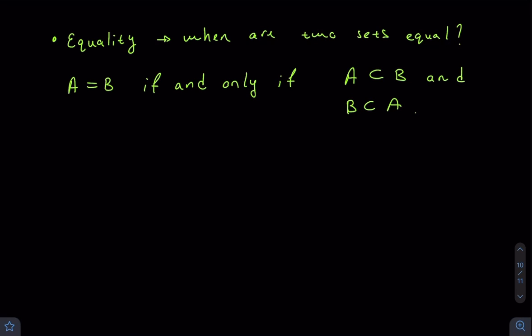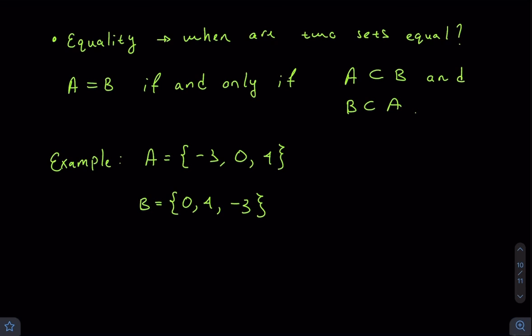So for example, if I had a set A containing -3, 0, and 4, and I had a set B containing the objects 0, 4, and -3, we have that A is a subset of B, since all the elements of A are in B, but we also have that B is a subset of A because all the elements in B are also elements in A, right?